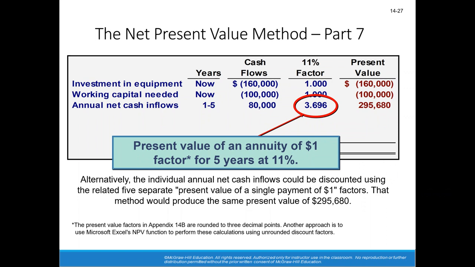It's a lot easier if you have a consistent number each time. Otherwise, you can use Excel. Alternatively, the individual annual net cash flows could be discounted using the related five separate present value of a single payment of one factors.